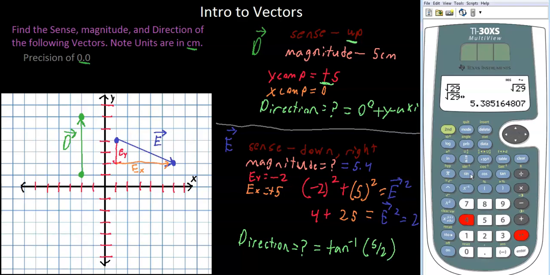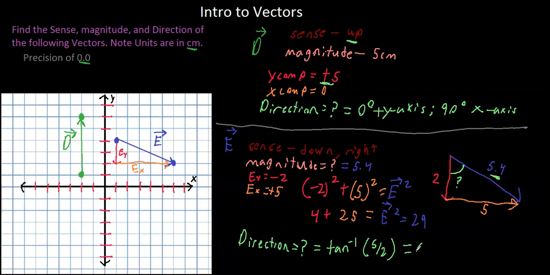We take the inverse tangent of 5 over 2 and get an angle of 68.2 degrees, which is coming off our y-axis, 68.2 off of the downward direction.